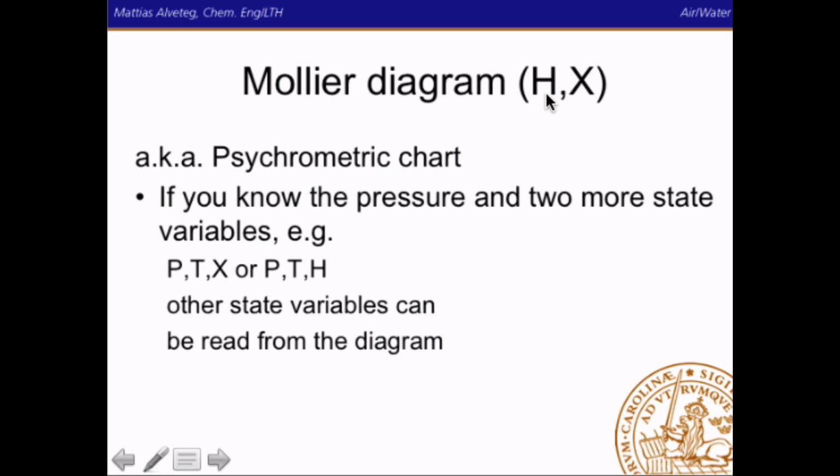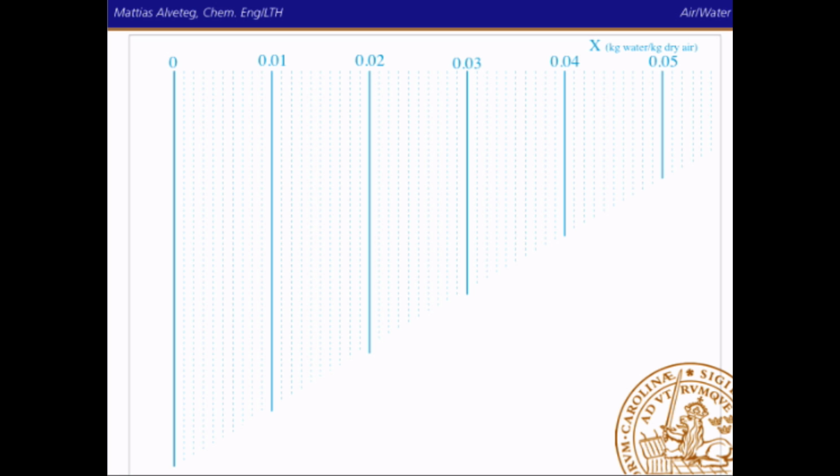So that can be enthalpy and composition, or temperature and composition, or temperature and enthalpy, and so on. And the nice thing with the Mollier diagram is that if you know the pressure and 2 other state variables, you can easily check what the other state variables are.